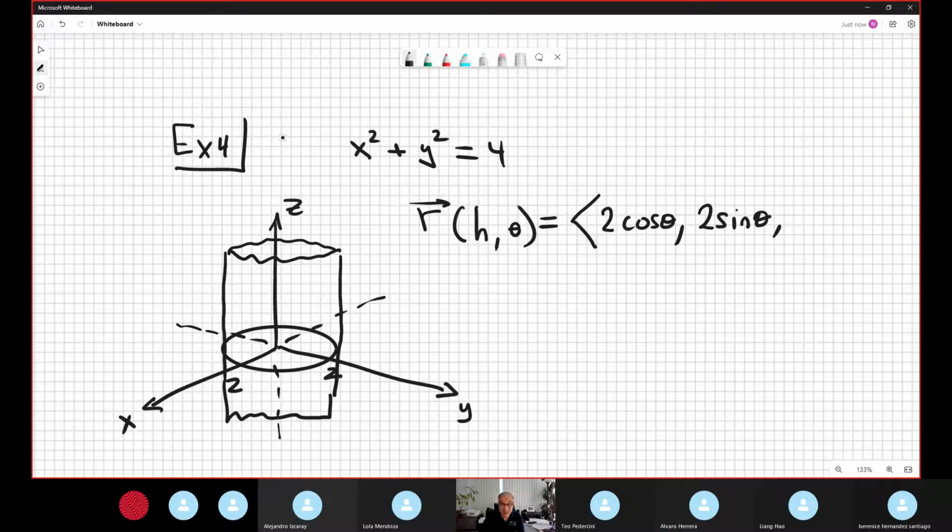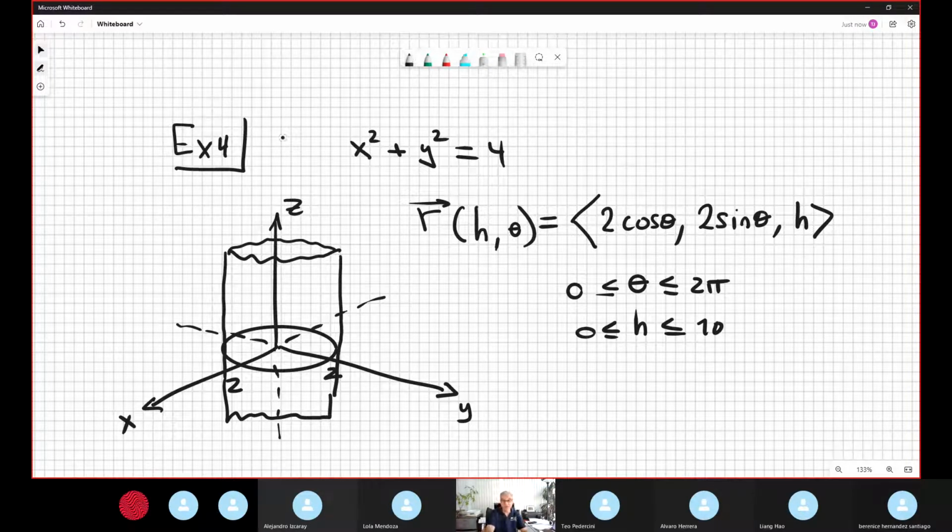And we declare another parameter I want to call h, or whatever you want to call it, which is the height. And you define, for example, theta varying from 0 to pi, and h varying, for example, over the portion of the cylinder you want to see, from 0 to 10.